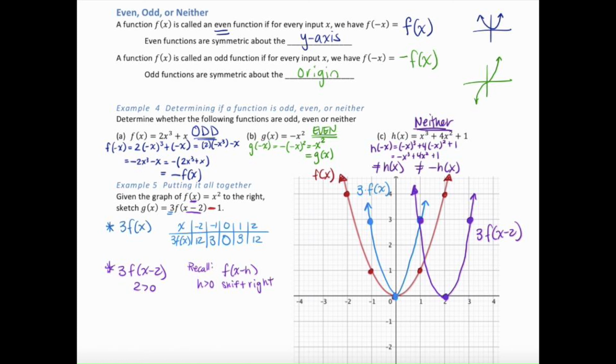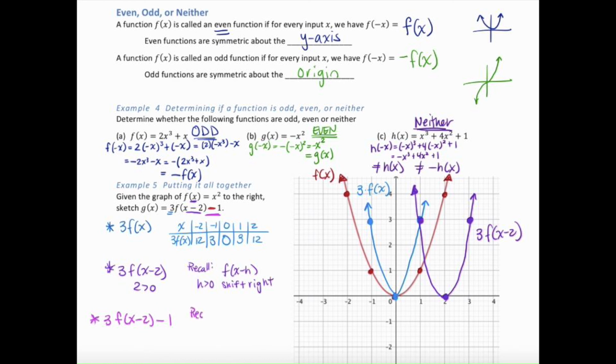Finally, let's explore what happens here when we subtract 1. So this is what we're going to explore last. If I have 3 f of x minus 2 minus 1, what happens to this graph? If you recall, adding or subtracting outside of the input shifts the graph up or down.